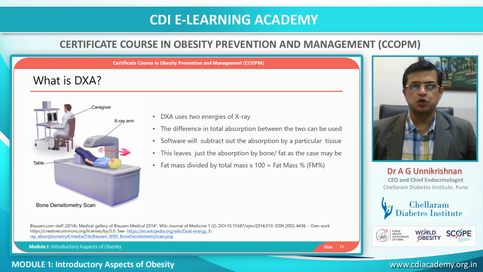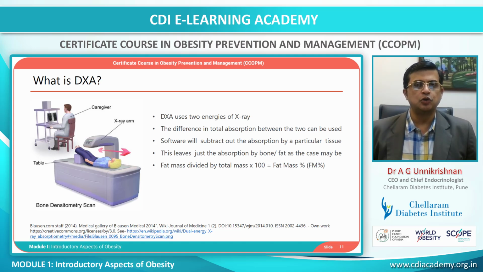The difference in the total absorption between the two can be used. Software will subtract out the absorption by a particular tissue. So this leaves just the absorption by the bone or the fat, as the case may be. The fat mass divided by the total mass times 100 will give you the fat mass percentage.